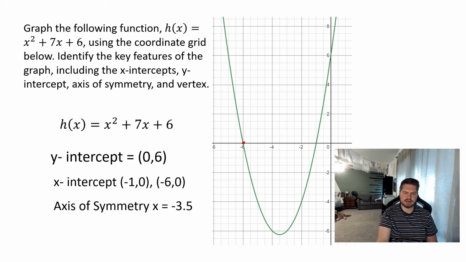So 6 and -1, these are our zeros, our y-intercept. Our axis of symmetry is, maybe it's more like right around here, because this would be about -3. So axis of symmetry. And then lastly, our vertex is around (-3, -8.75).